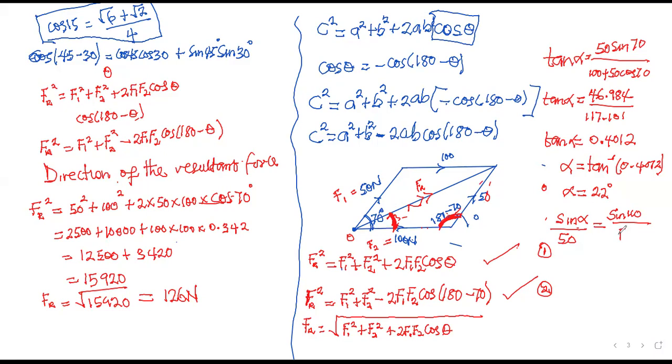Yes, F resultant must be equal to the sine of the other remaining angle. They are all equal. Okay, so if this is 130, we don't know this. So alpha, let's assume this is also beta. Then this is also equal to sine of the other remaining angle in the triangle, beta, divided by, what is the side opposite to it? What is the side opposite to that angle?